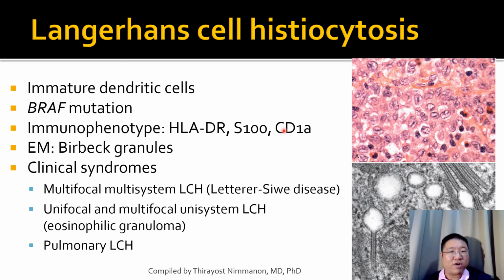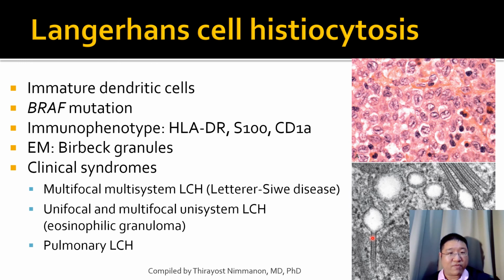This is for Langerhans cell, and here we see the Langerhans cells accumulate within the region, forming a mass. And for electron microscopy, we will detect Birbeck granules, which look like a tennis racket, like this, which is characteristic for dendritic cells.